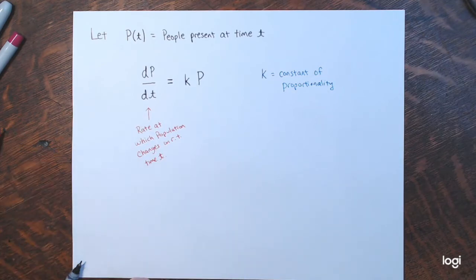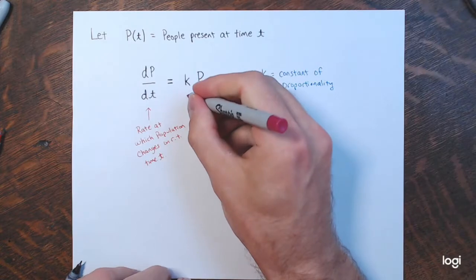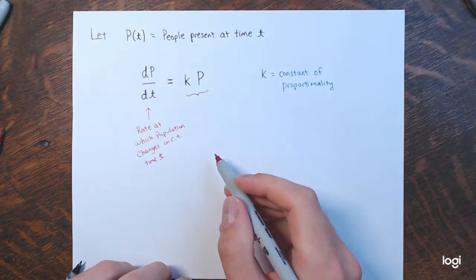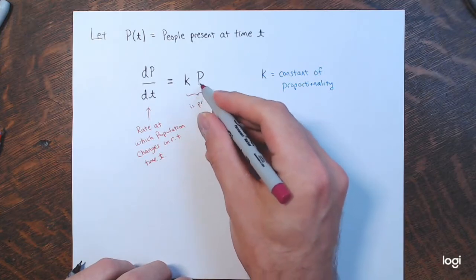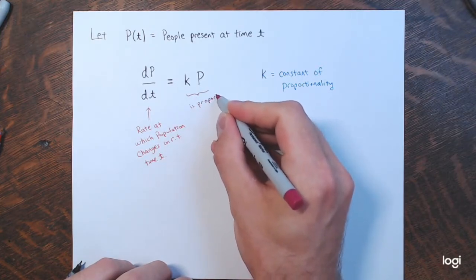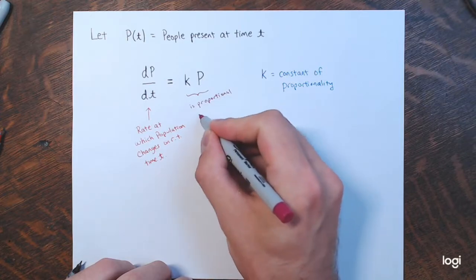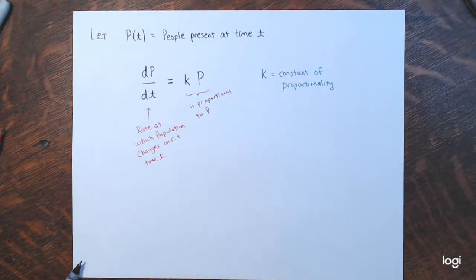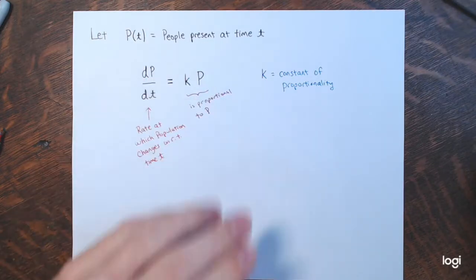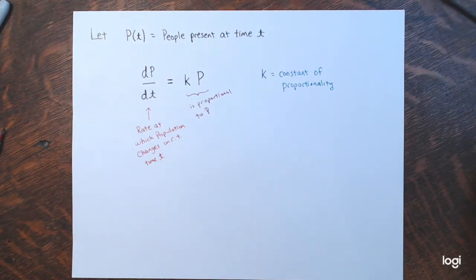And saying that dp dt equals kp tells me that this rate is proportional to the amount of people present at time t. So there's our differential equation, and we'll be solving that in a second. We'll see that it is separable.